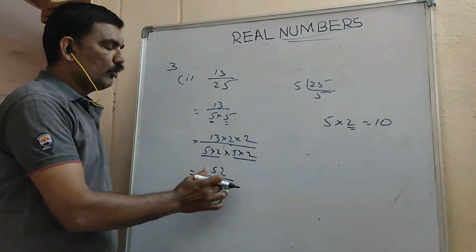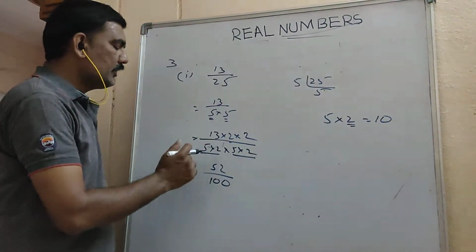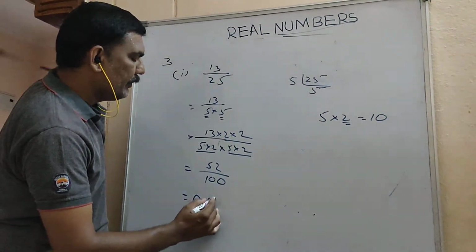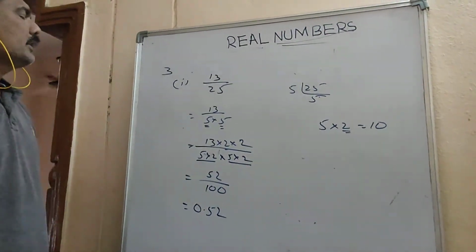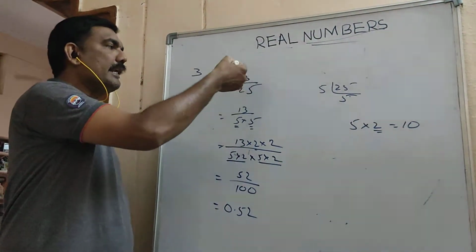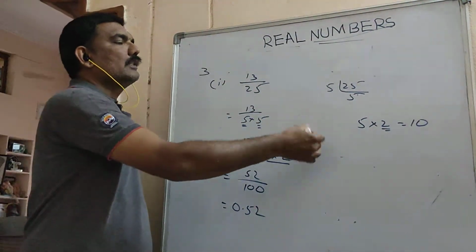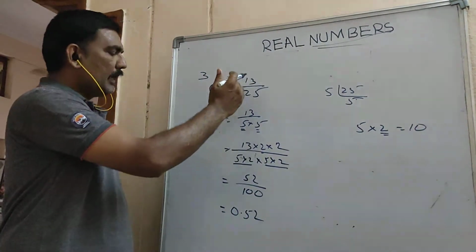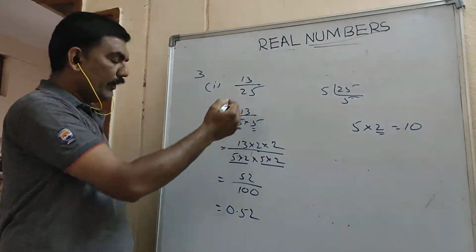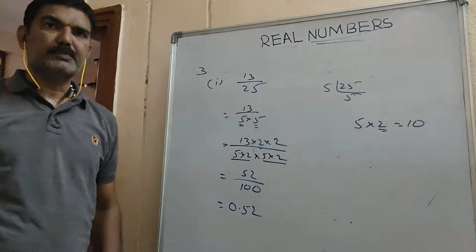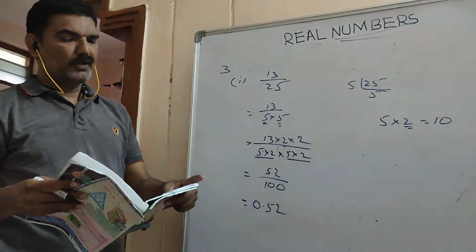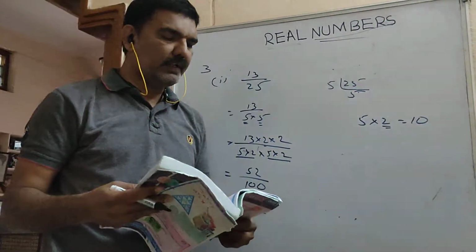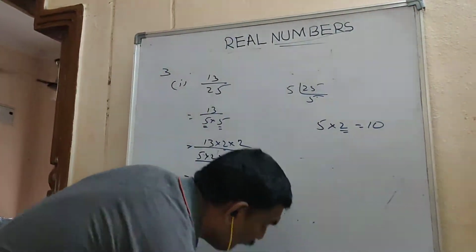Being 2 zeros in the denominator, before 2 digits you keep a point, then it becomes 0.52. So I did not divide 13 by 25 with normal division, but I expressed it into decimal form. So do the remaining as homework, and now come to the fourth question.